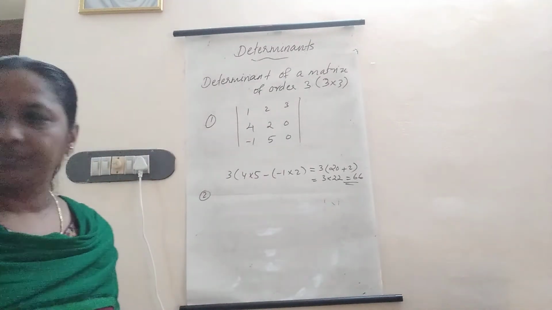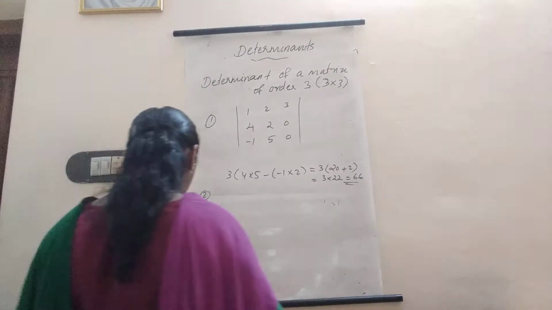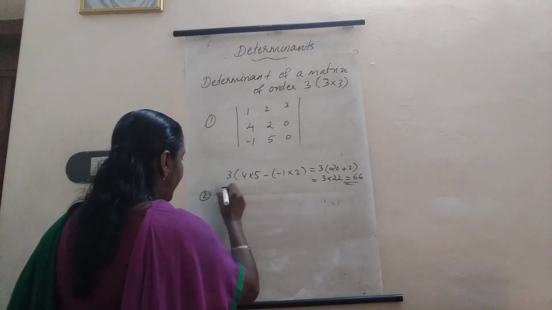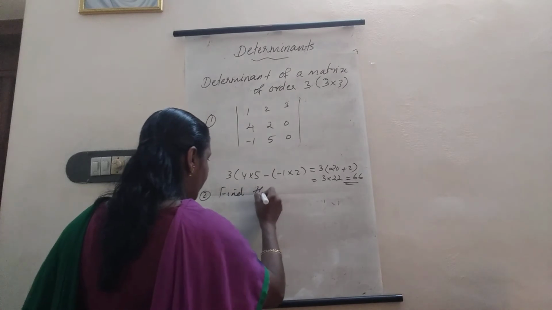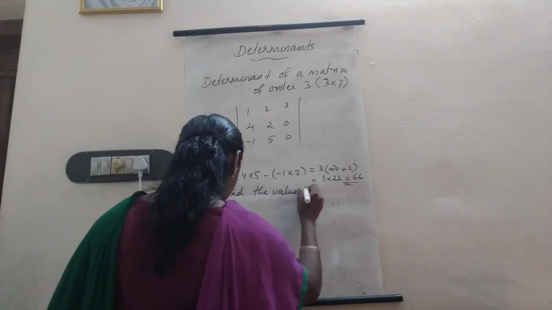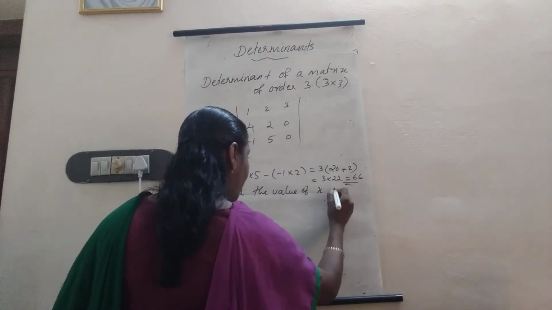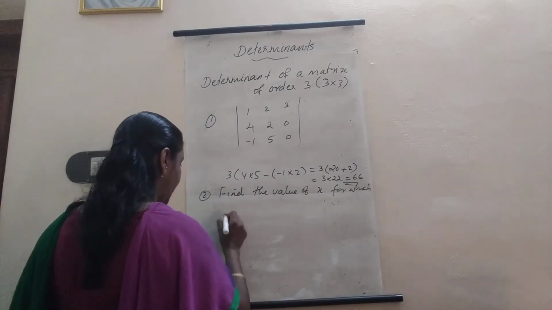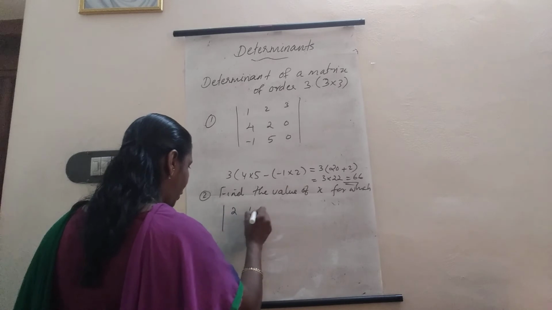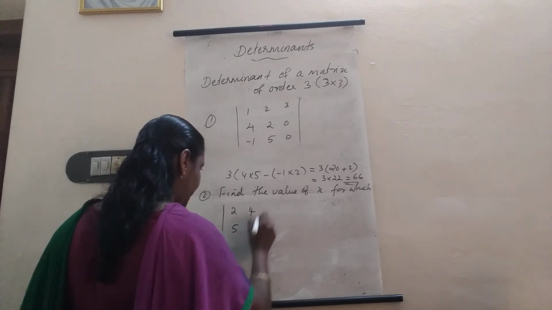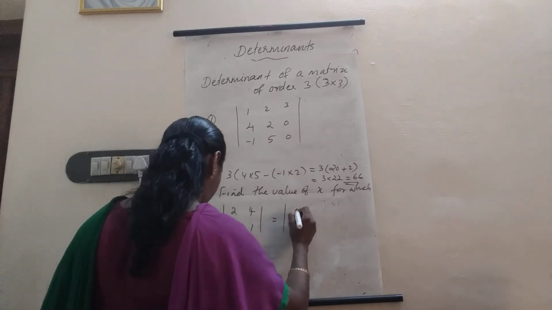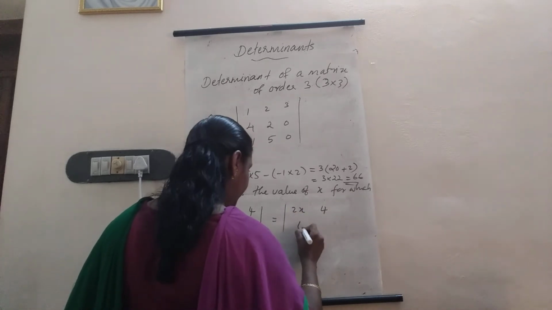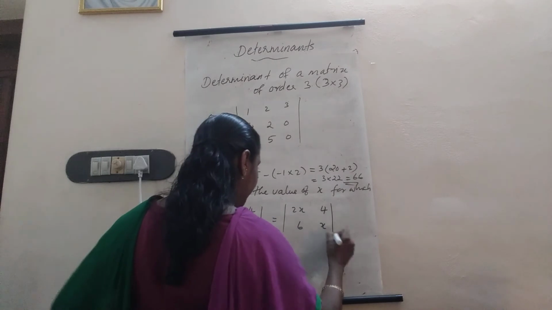One more example. Find the value of x for which the determinant (2, 4, 5, 1) is equal to the determinant (2x, 4, 6, x).